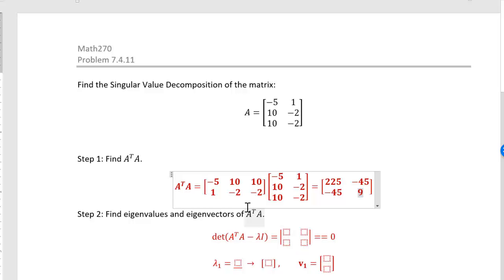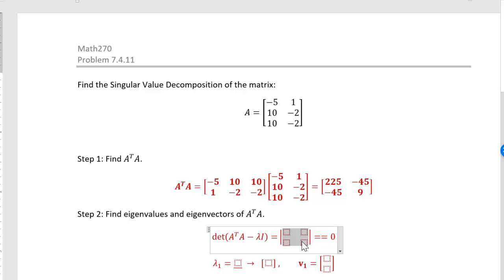So now that we have that, we want to find the eigenvalues and eigenvectors. So we will take our matrix that we just got, and then we will subtract lambda I from that.